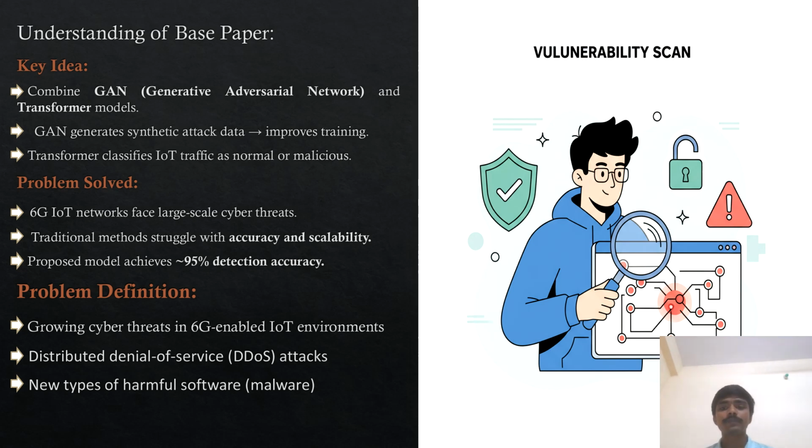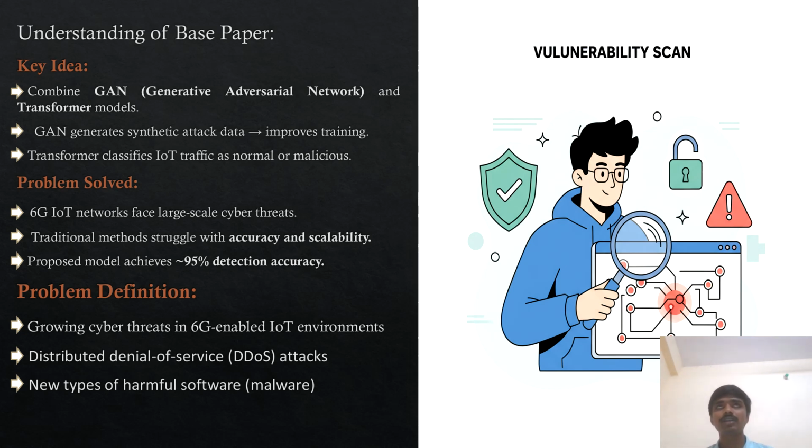The problem starts with the growing number of cyber threats in the 6G environment, because 6G has high bandwidth and fast networks, so attackers can easily attack IoT devices. There are some common threats in IoT. First one, DDoS.